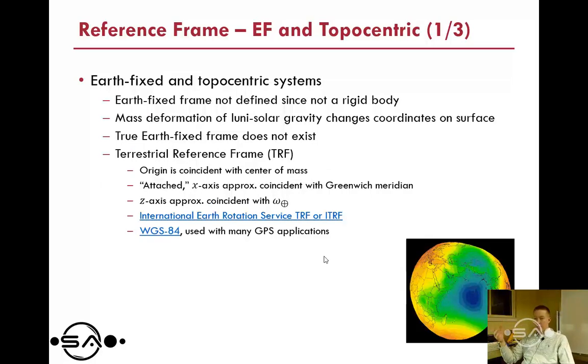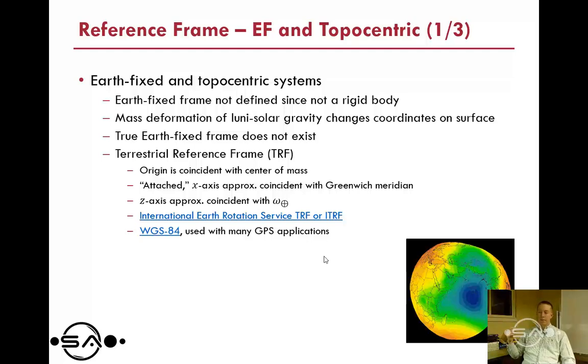So moving on back to our reference frames. Let's go back to our Earth-fixed system. Remember, we were talking about precession and nutation earlier. An Earth-fixed frame is actually hard to define since the Earth is not a rigid body. There's the lunar and solar gravitational pull on the Earth, and so it's pulling the mass of the water around, obviously our tides, so the mass on the surface is actually moving over time, as well as the tectonic plate shifts.